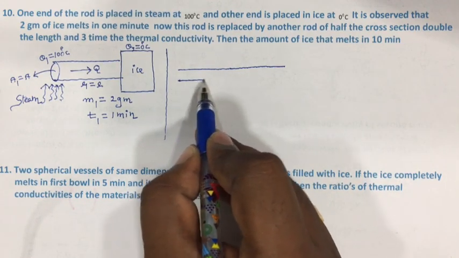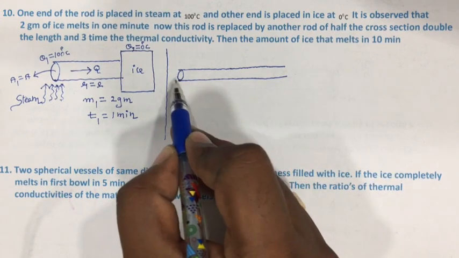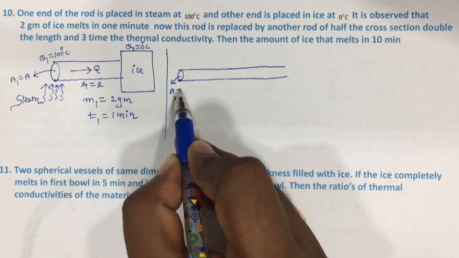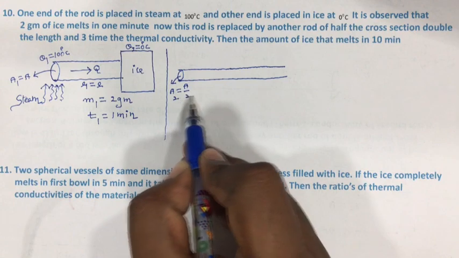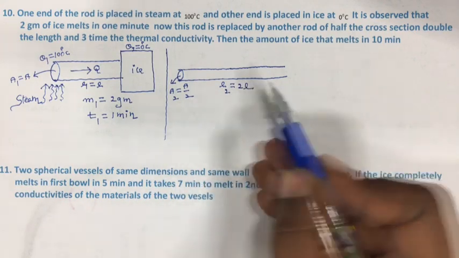So this is the rod replaced. Now its area of cross section is half, A2 is equal to A by 2, but length L2 is equal to 2L, double length.